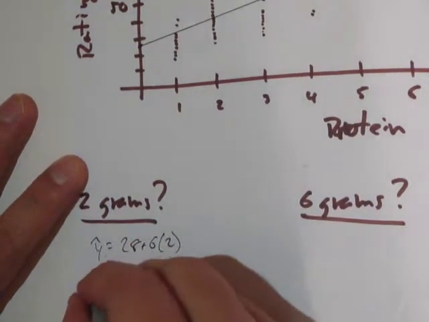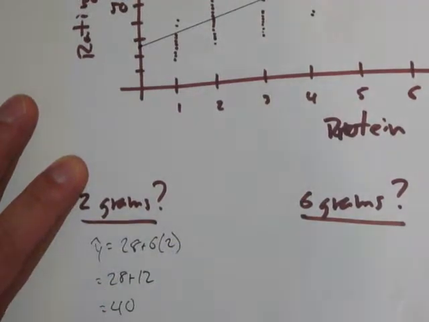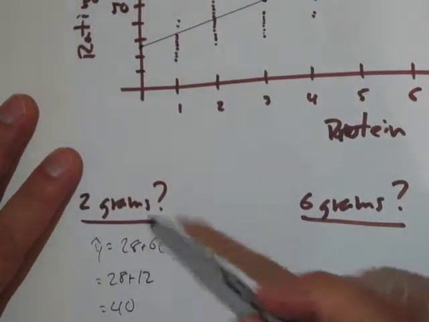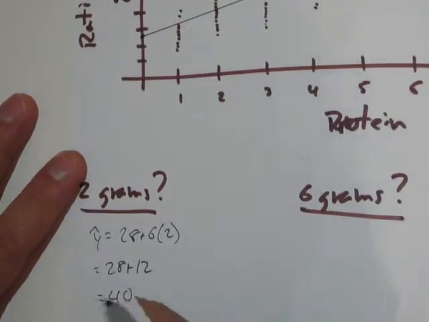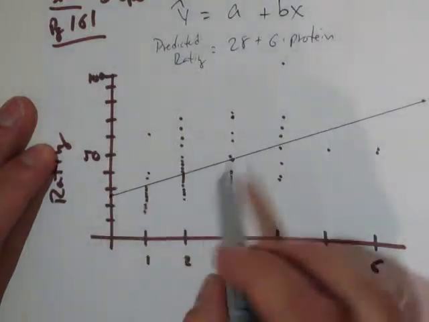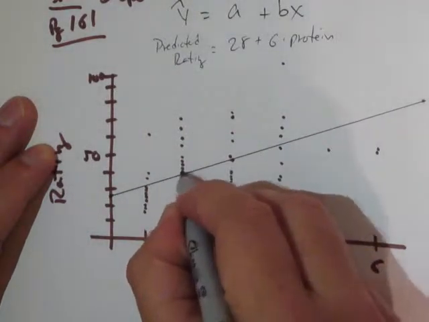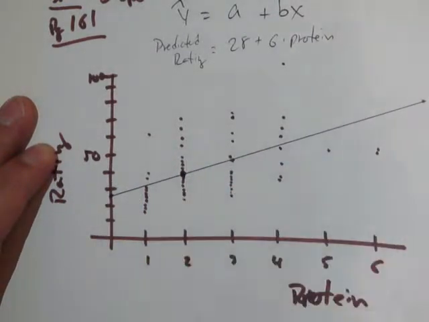That would be 28 plus 12, so that would be 40. So a cereal with 2 grams of protein would have a predicted rating of 40, which on this graph should be right where 2 crosses the line. I know my axis is not exactly perfect, but it should be right there.